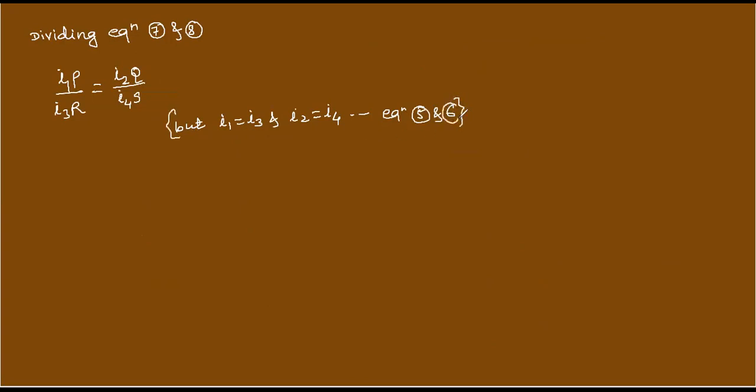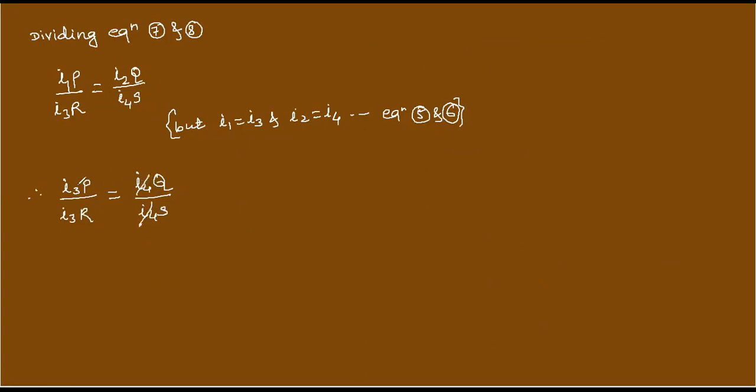Therefore, can I substitute I3 in place of I1? So here I am substituting. Therefore, I3P divided by I3R is equal to I4Q divided by I4S.